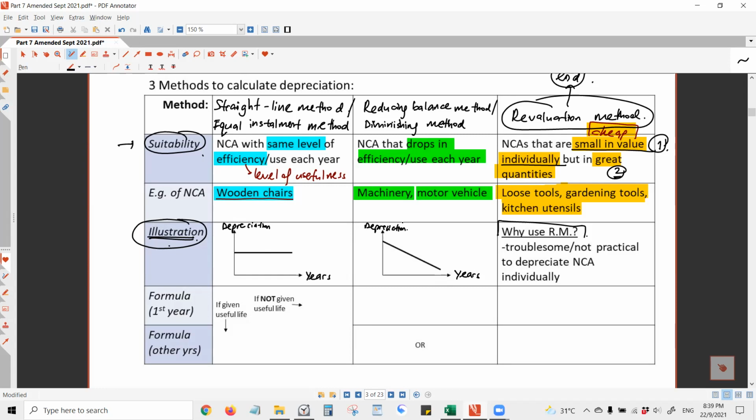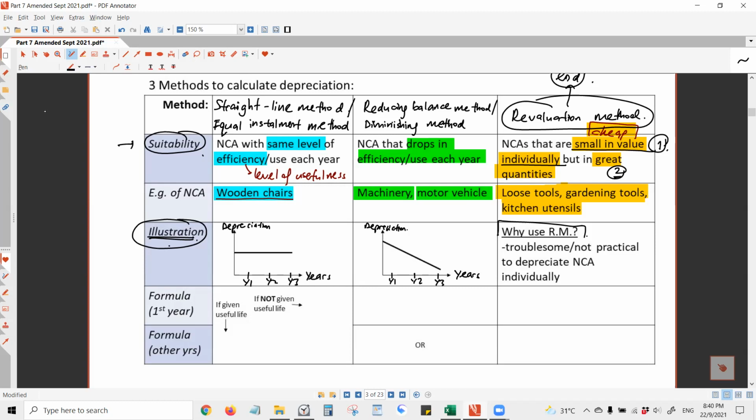Through these two graphs, you can understand the patterns of numbers that you would get using the straight line and reducing balance method. And here you write year 1, year 2, year 3, year 1, year 2, year 3.